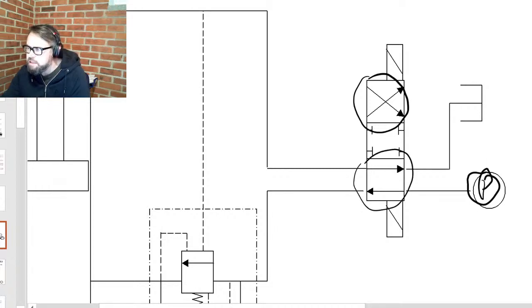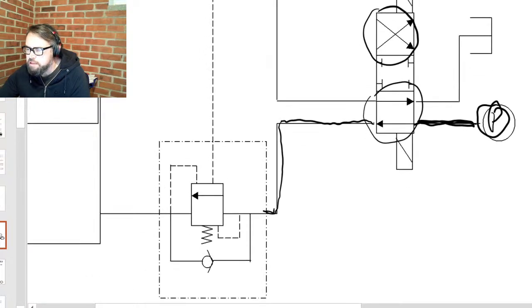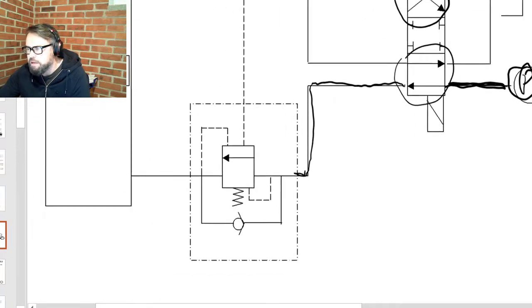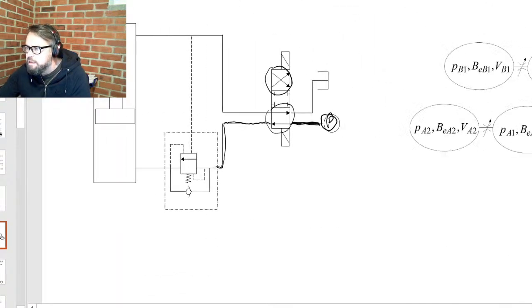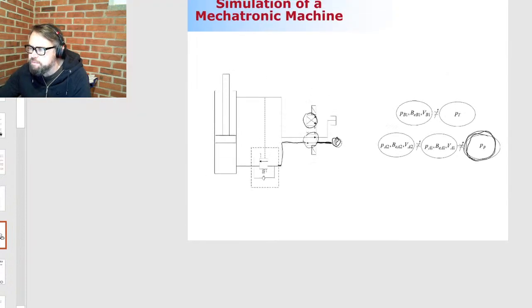In this case, first of all, the pressure source is connected to the direction valve. Then there is a hose or pipeline connecting the direction valve to something called a counterbalance valve. This is a figure of the counterbalance valve.